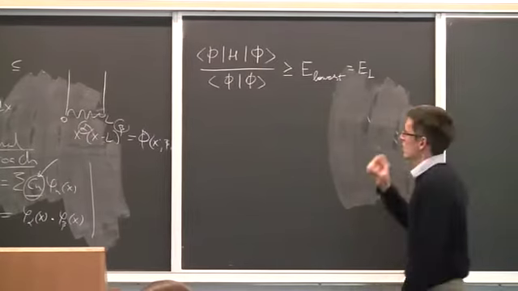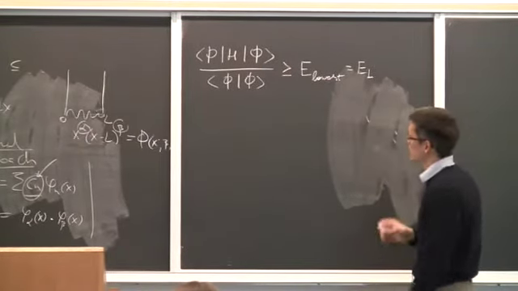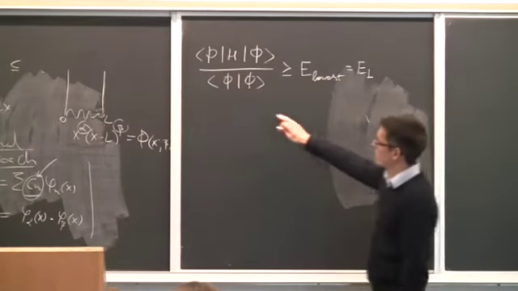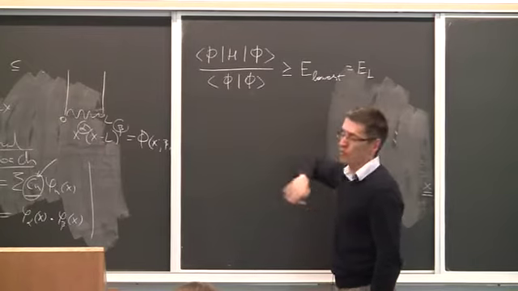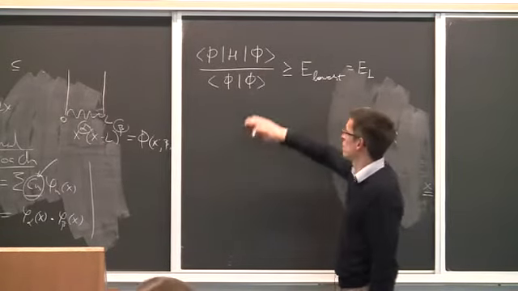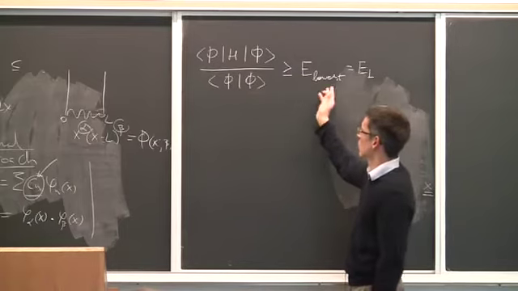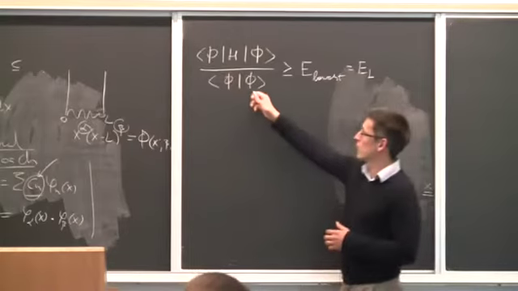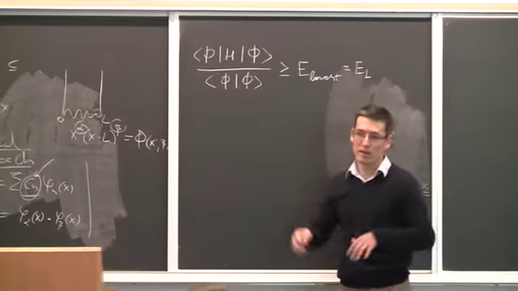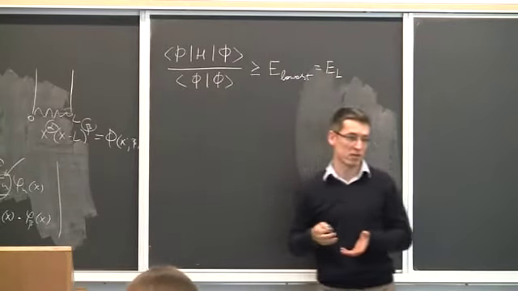Because what this statement may push you toward is that if you have some parameters in your trial function phi, and you know that this value is always larger than or equal to the lowest energy, then in order to improve the estimate of phi, you need to minimize this expression with respect to the parameters.